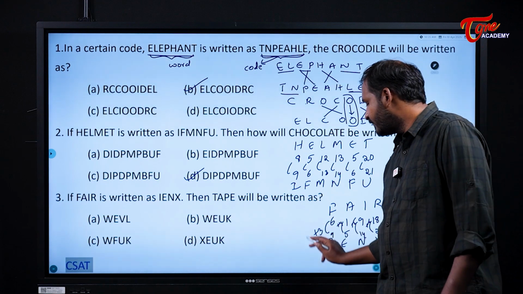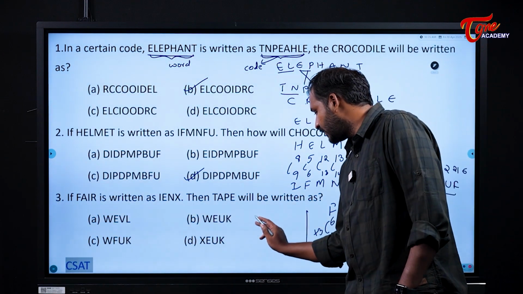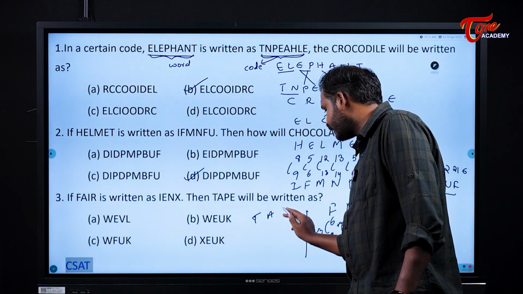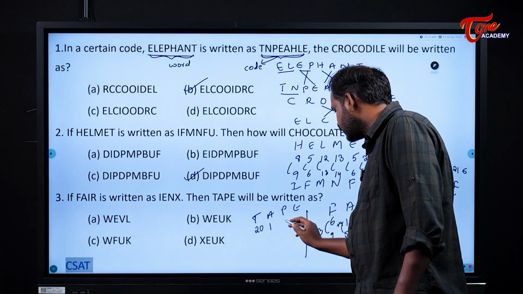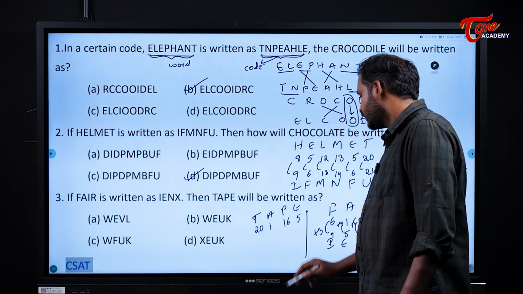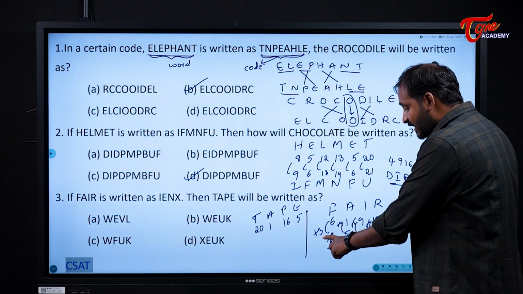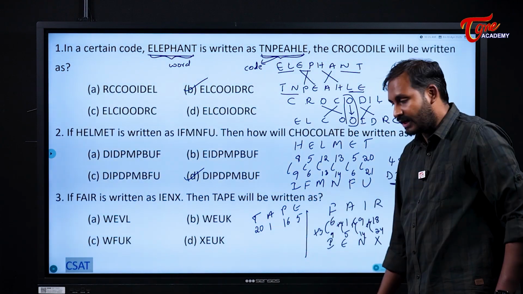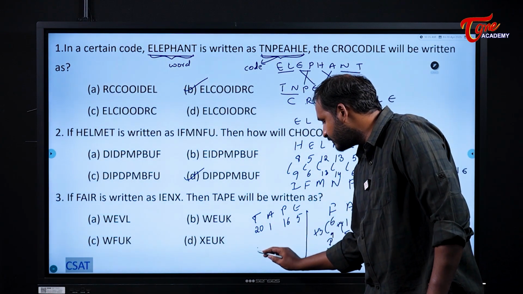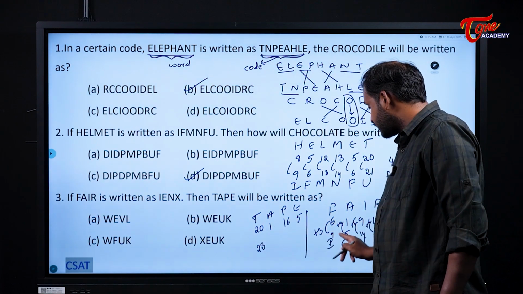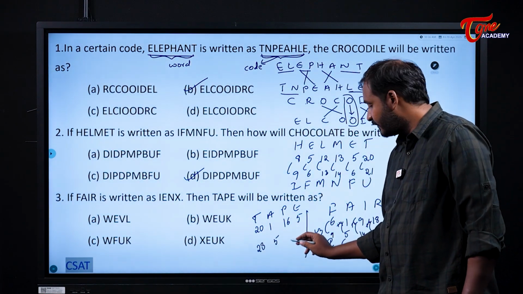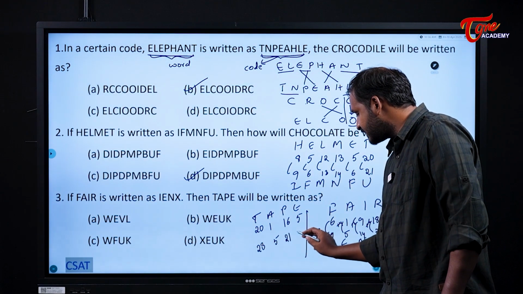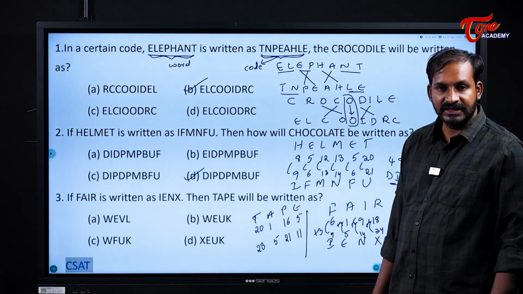So, how will TAPE be written in the same language? TAPE is 20, 1, 16 and 5. Now, it started with plus 3, so the same plus 3 you need to write here. 20 plus 3 becomes 23. 1 plus 4 becomes 5. 16 plus 5 becomes 21. 5 plus 6 becomes 11.